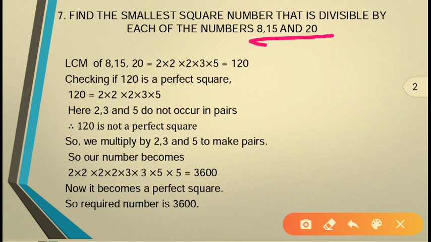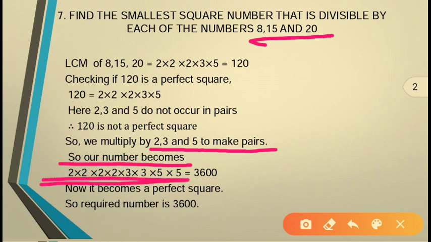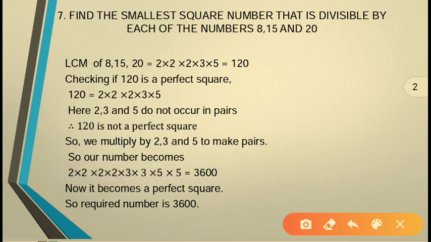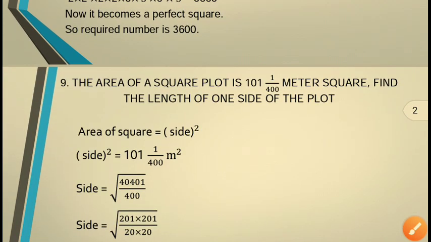So we multiply by 2, 3 and 5 to make pairs. When you multiply one more 2, one more 3 and one more 5, your number will become this, and when you multiply this, you will get 3600. Now 3600 is a perfect square. So the required number is 3600.